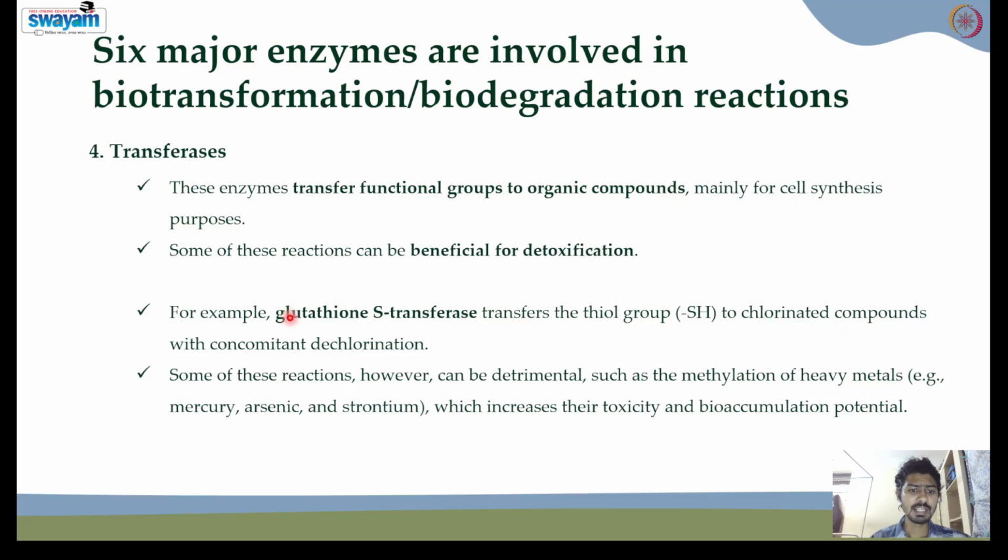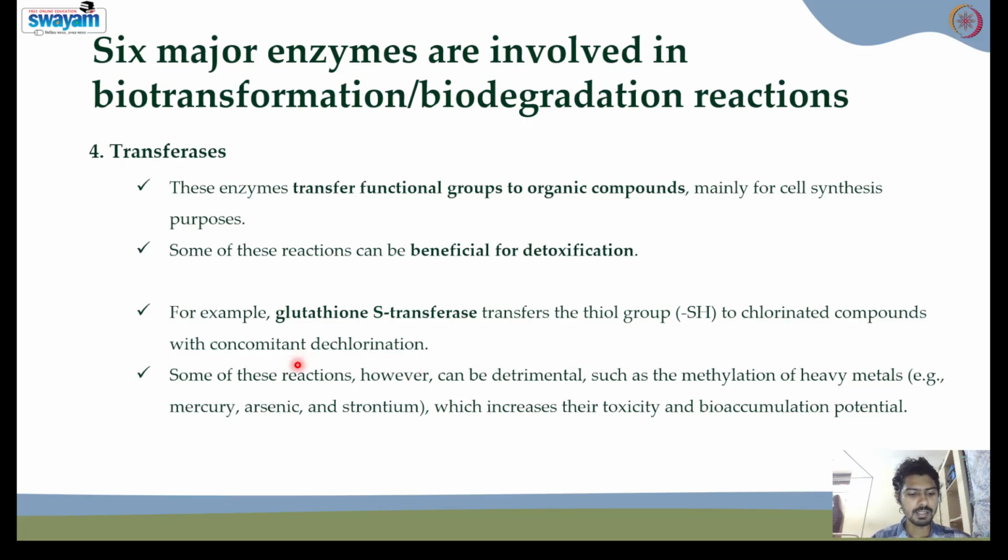For example, GST, which is glutathione S-transferase. What happens here? It is essential for transferring the thiol group, that is SH, to the chlorinated compound with dechlorination. So this helps in reducing their toxicity by transferring the SH group to the chlorinated compound.